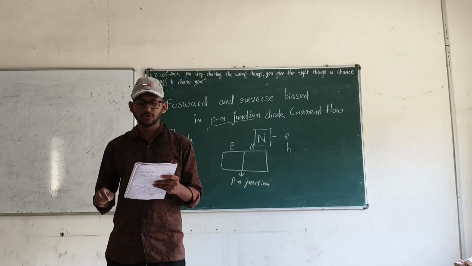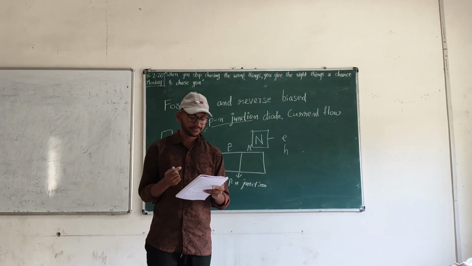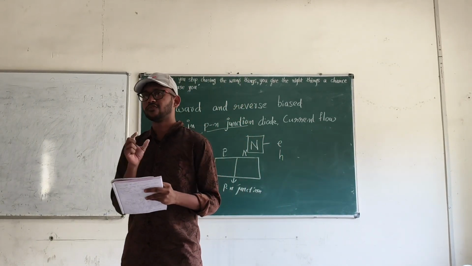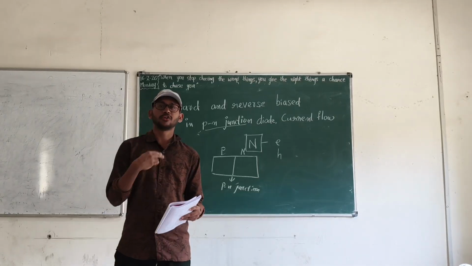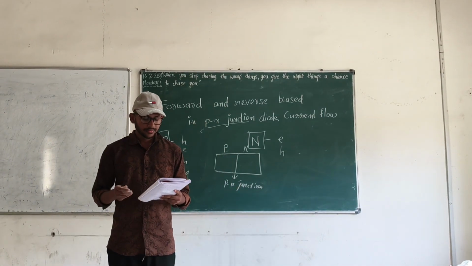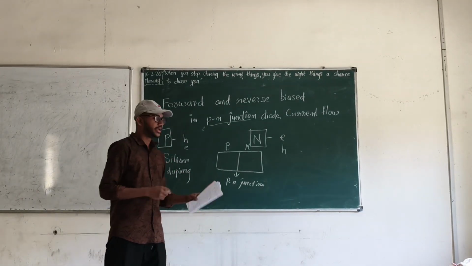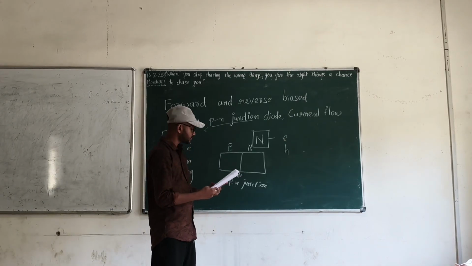It is possible to manufacture a single piece of semiconductor material, either germanium or silicon, one half of which is doped by p-type impurity and the other half of which is doped by n-type impurity. The plane dividing the two halves or zones is called the p-n junction.